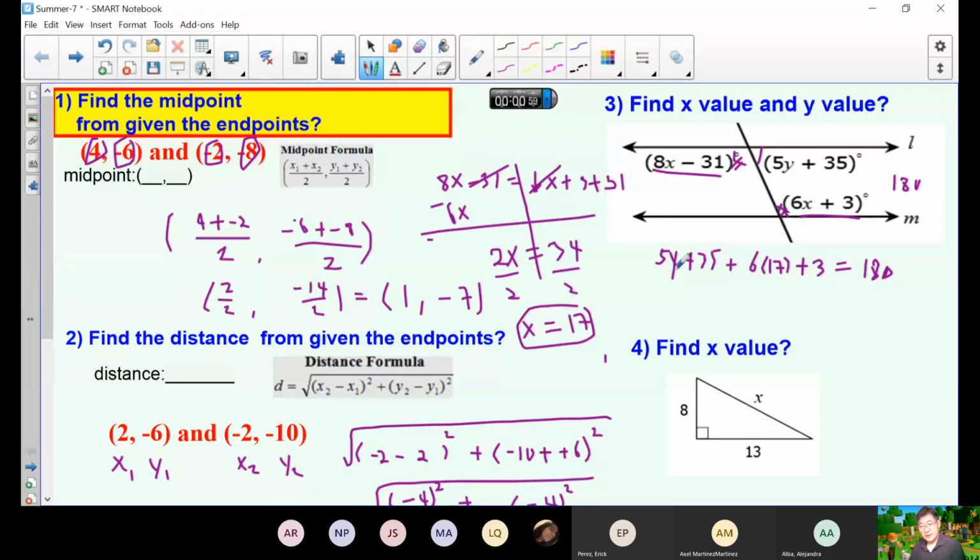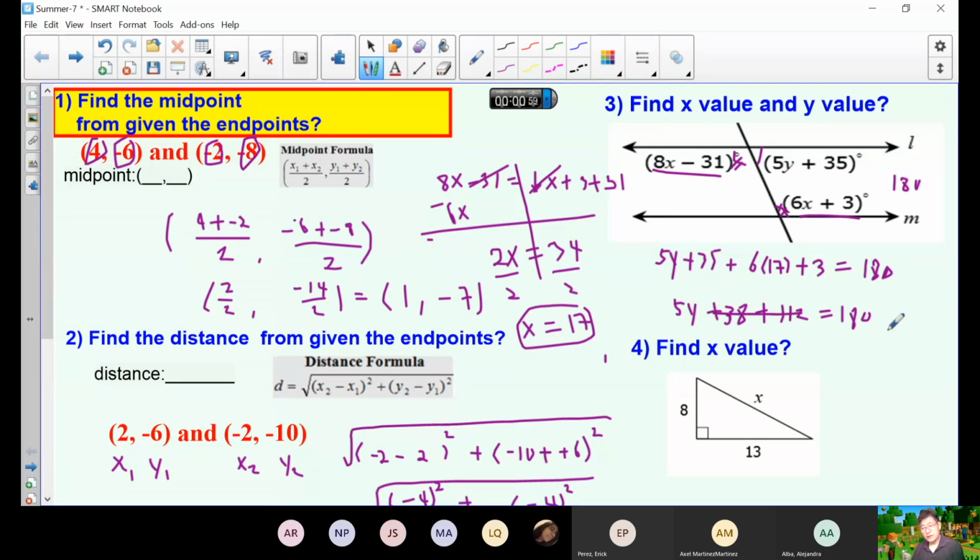So let's see. This one is 5y plus 35 plus 3. So that is 38 plus 6 times 17, 102, equal 180. This is nothing but a two-step equation, right? So you put together, this is 150, right?